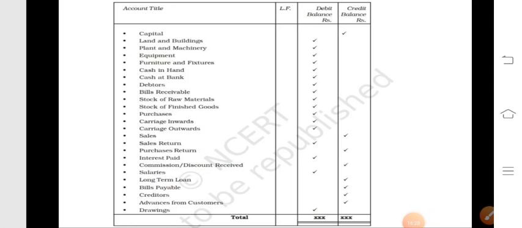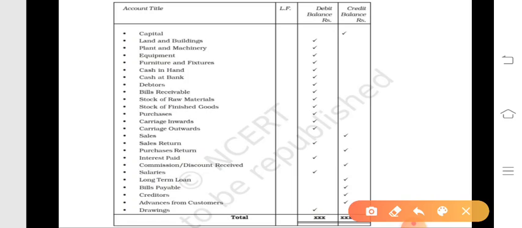Okay, moving towards the format of trial balance, how do we prepare this trial balance? So this is prepared this way. That is account title, LF, debit balance and credit balance. Whatever has a debit balance will be written against the debit side.